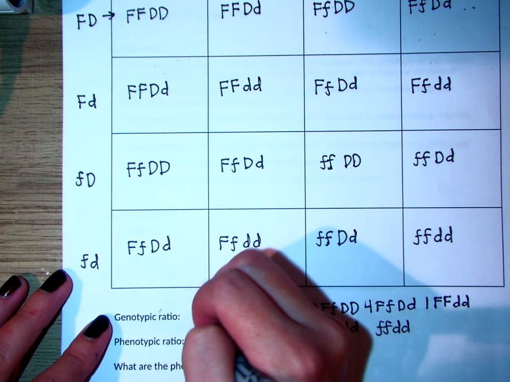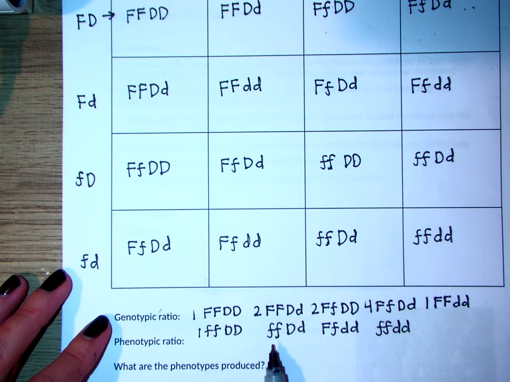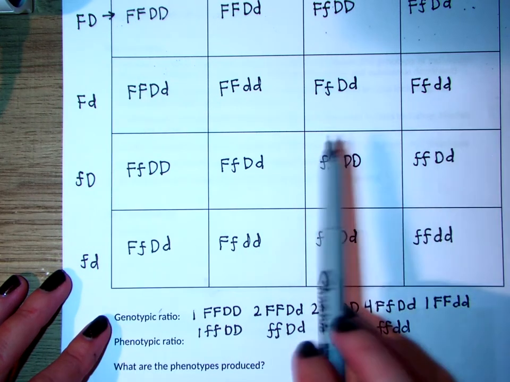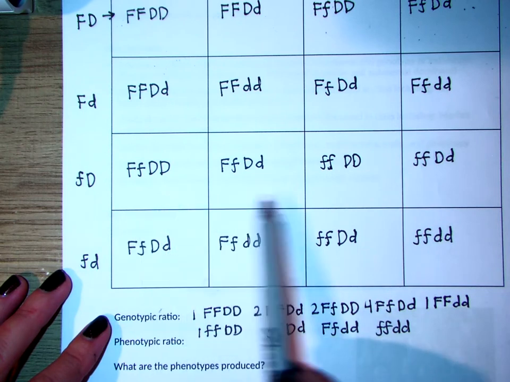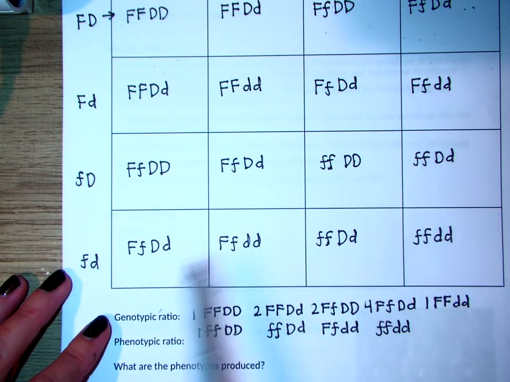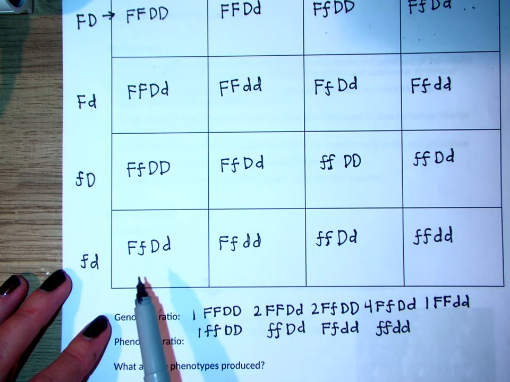Little f, little f, big D, little d: one. See which one.